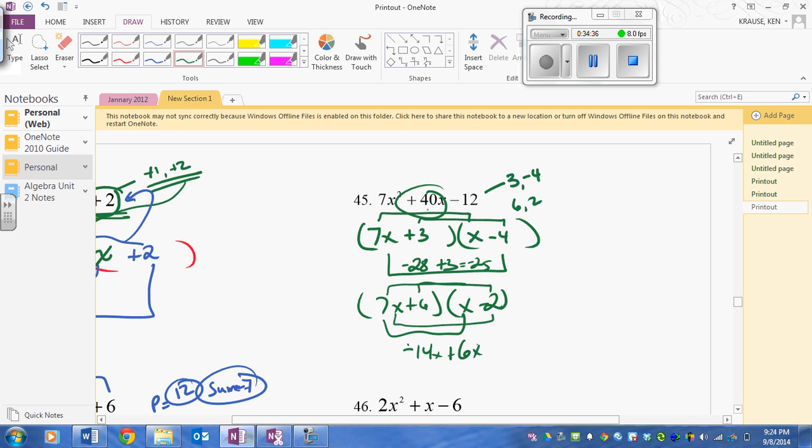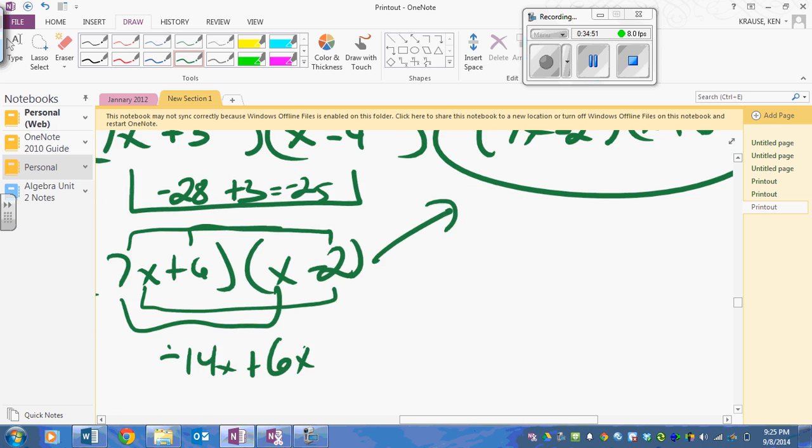So that really doesn't give me that negative 40. And I think we worked this one out in class. I want to get 40, so I really should have multiplied the 7x times the 6. And then put the minus 2 in. And that's your answer.